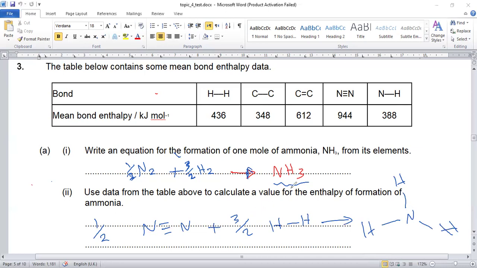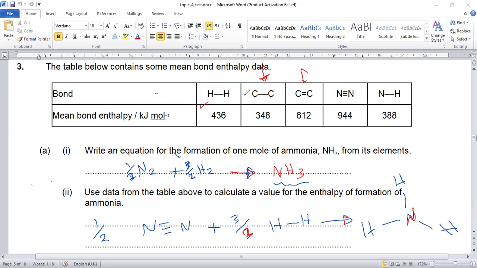You cannot calculate without this step because it causes confusion. Even I would be confused if I didn't make this step. It doesn't matter if you don't use all the bonds, but keep your values because you will need them in later questions.